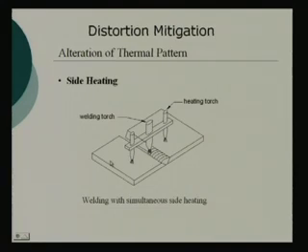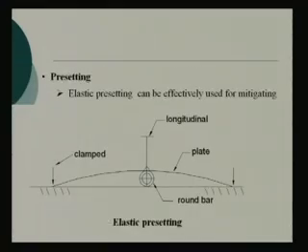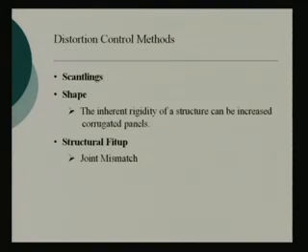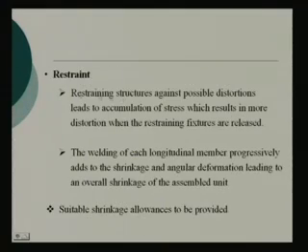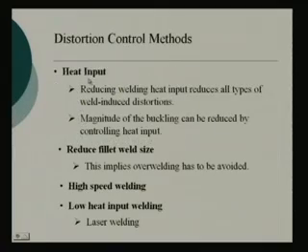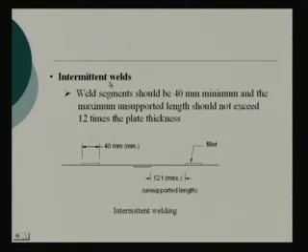Well, then we come to, so these are some of the distortion control methods we have talked about. That is, if we just go back, there are controlling, changing the scantlings of the structures, changing the shape of the structure, structural fit up, presetting, putting restraints, and controlling the heat input, the fillet size, the speed of the welding, and finally intermittent weld.